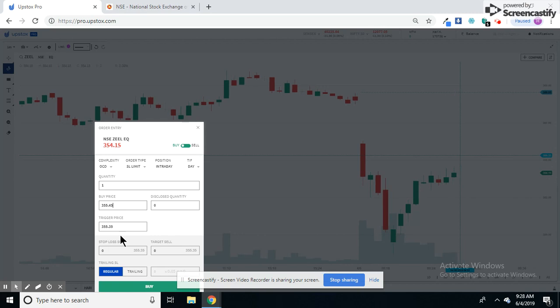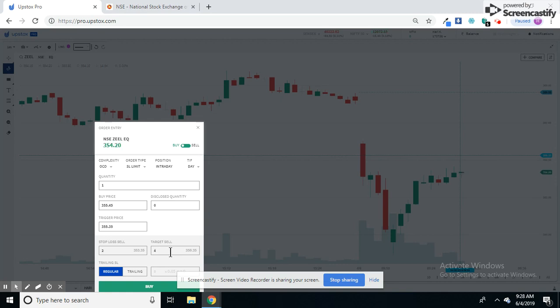Here I'm keeping my stop loss at this particular level, which is somewhere around 353.35. So my stop loss will be 353.35, and I'll keep a target of 4.